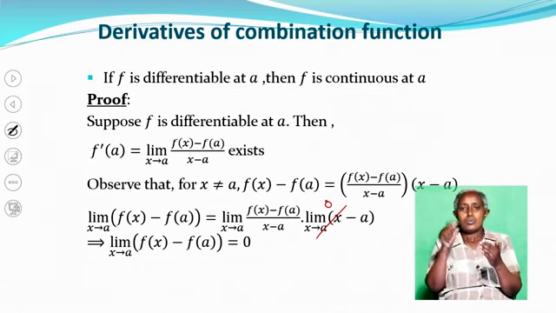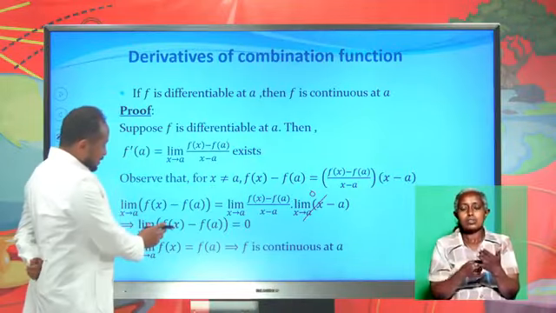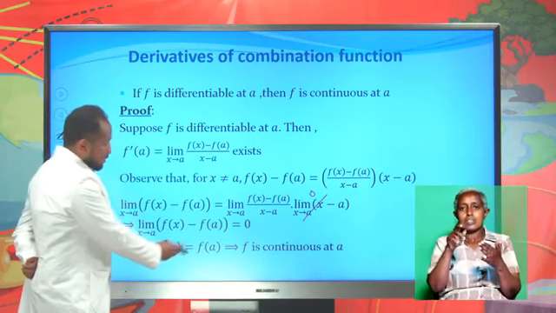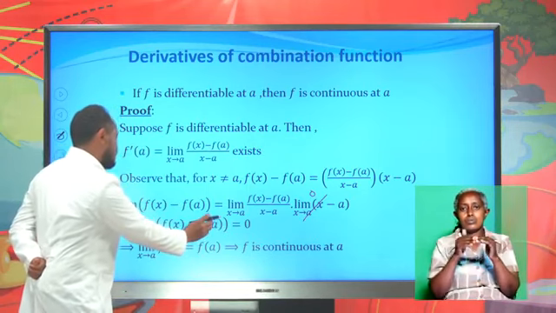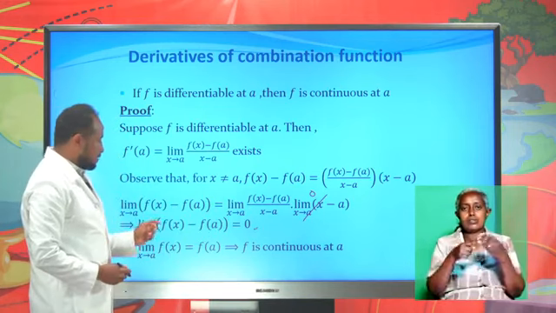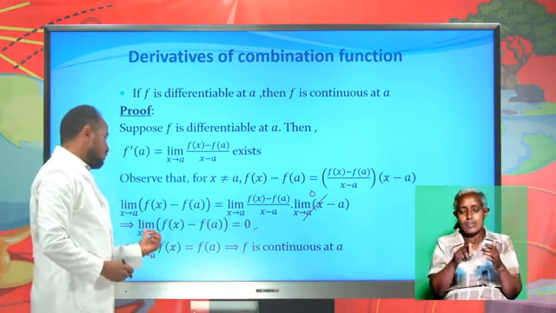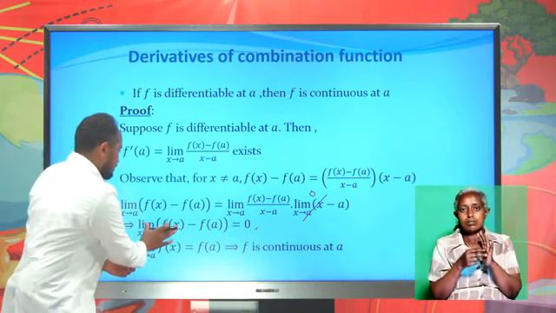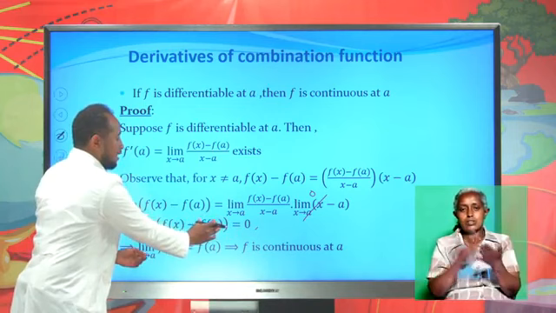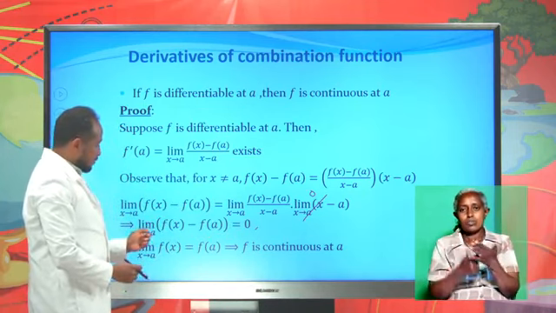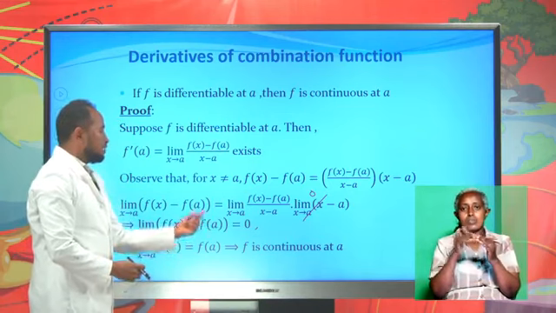So from this, you can see that the limit of f of x, where x approaches a, is equal to f of a. You can just take this to the other side. The limit of f of x minus f of a equal to 0 means the limit of f of x and the limit of f of a are equal.